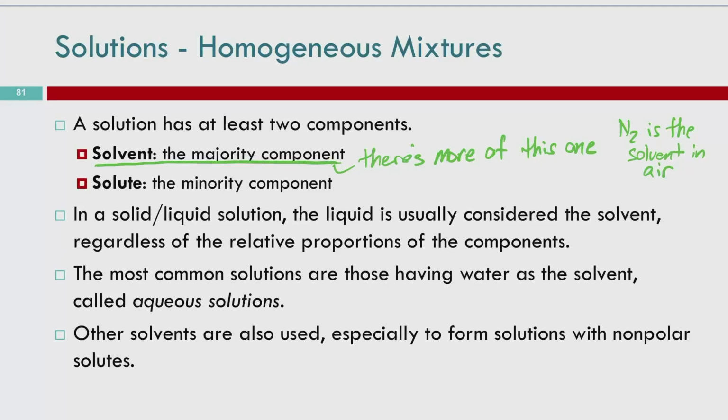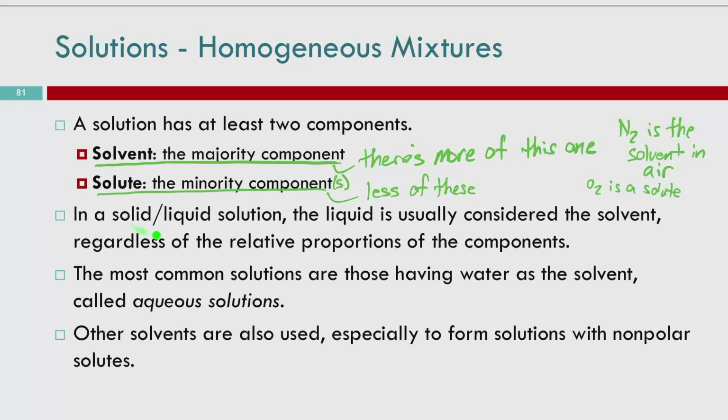And then the solute is the minority component, or minority components, because you can have multiple. So oxygen, O2, would be a solute, CO2 would be another solute, argon would be another solute, and whatever other trace gases might be present.